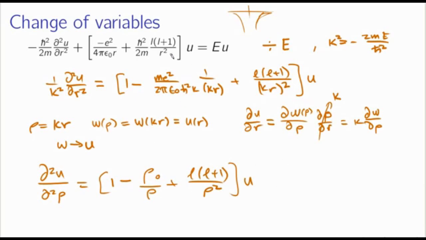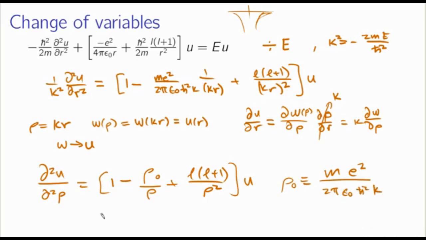And this constant rho naught absorbs the complexity in this. Rho naught is defined to be m e squared, sorry, not m sub e, m times e, the electron charge, squared, divided by 2 pi epsilon naught h bar squared k.